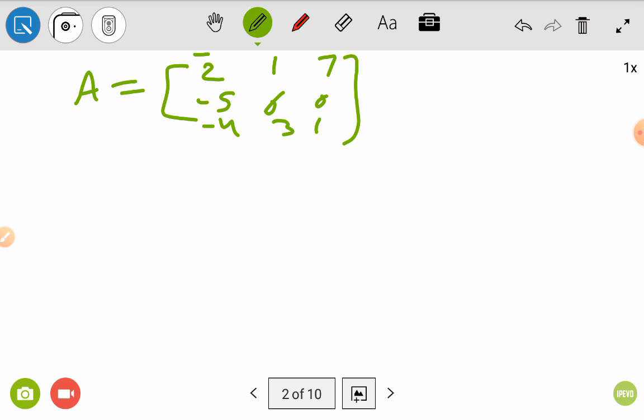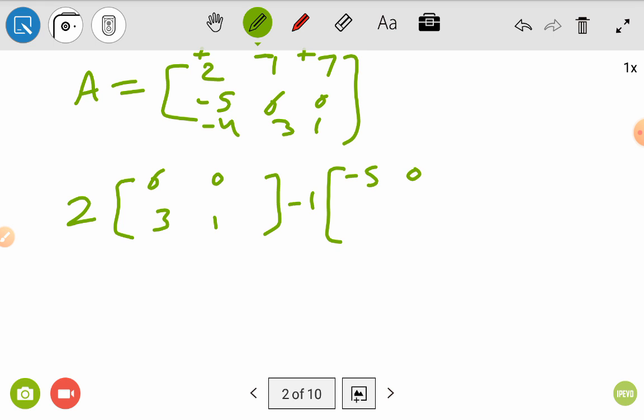By the same way, plus, minus, plus. Here 2. Now I think, my dear students, it is clear for you to cancel the first row and the first column. The remainder will be 6, 0, 3 and 1. Minus 1. Cancel this row and this column. Negative 5 and 0, negative 4 and 1.